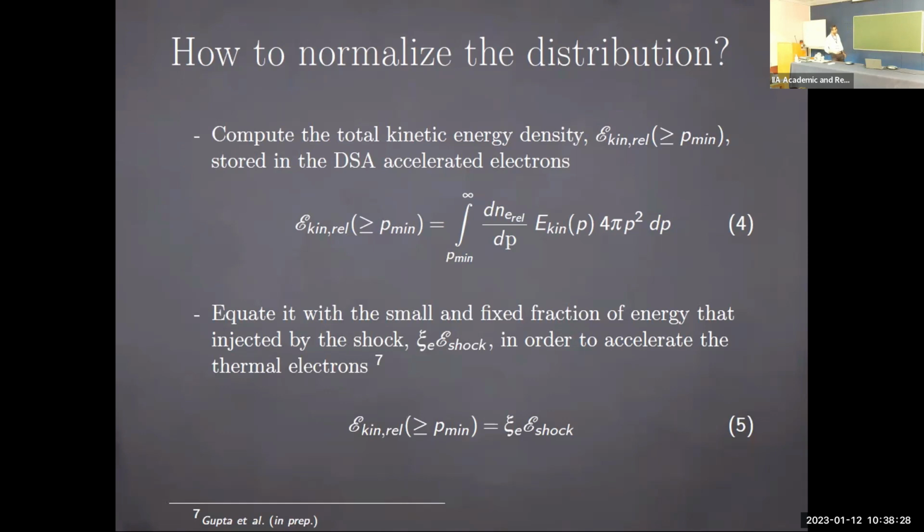So we equate the total relativistic kinetic energy with some fraction of the energy injected by the shock front. There are two possibilities for calculating the shock energy, meaning how much energy can be deposited by the shock in the downstream.